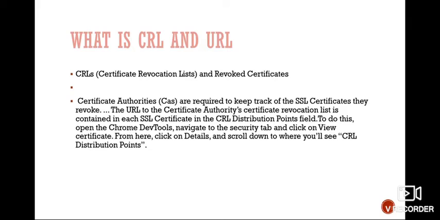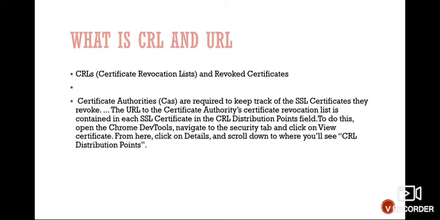What is CRL and URL? CRL is certificate revocation list, and revoked certificate authorities (CAs) are required to keep track of SSL certificates. They revoke them in the CRL.